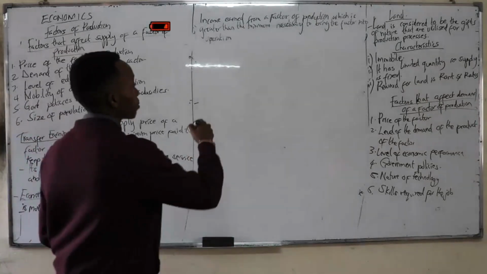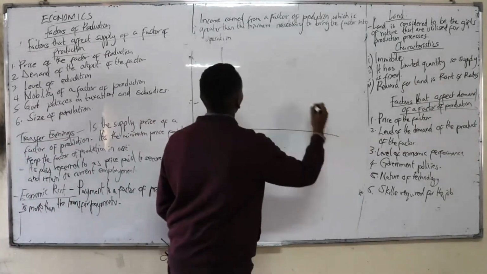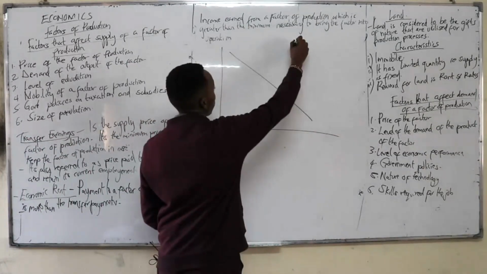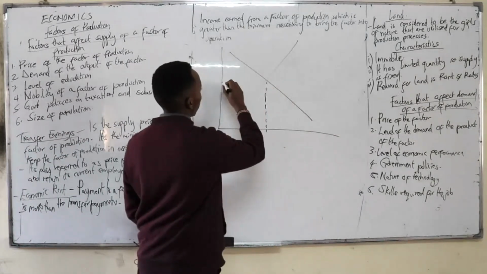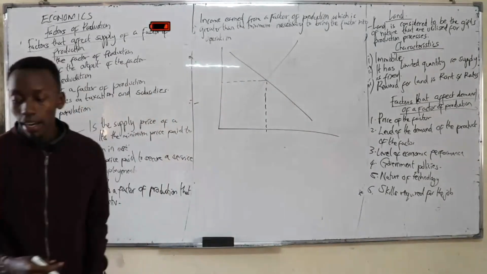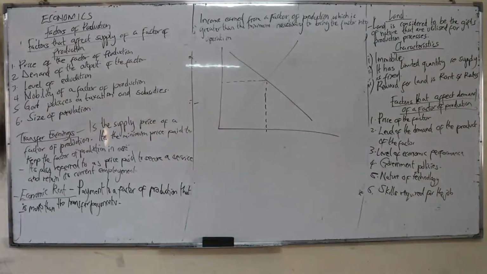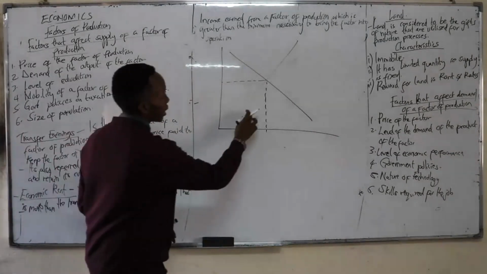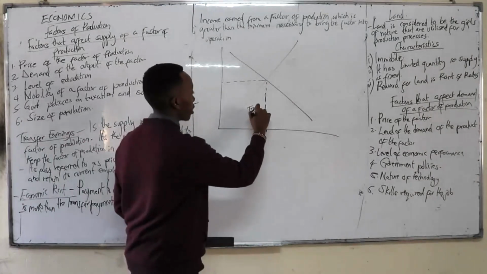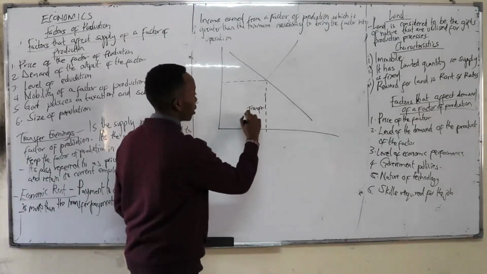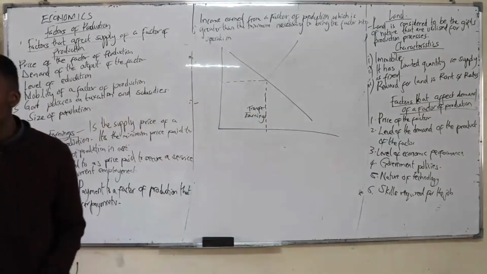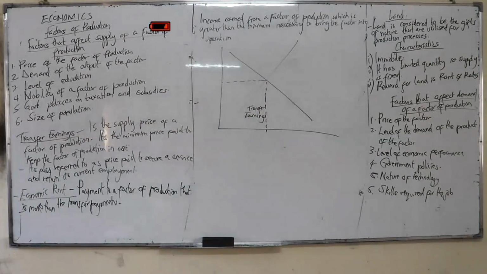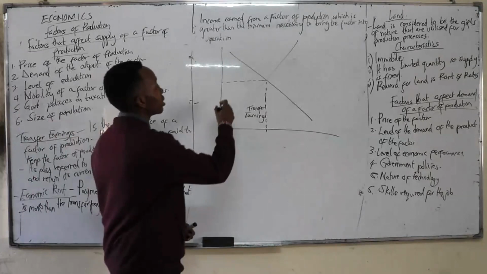If you were to show this in terms of a graphical representation, you have the demand for labor, the supply of labor, and then this point here. The transfer earnings is the area below the supply curve, this area. Transfer earnings means the amount that you pay to bring this factor into production, while the economic rent is this area right here.